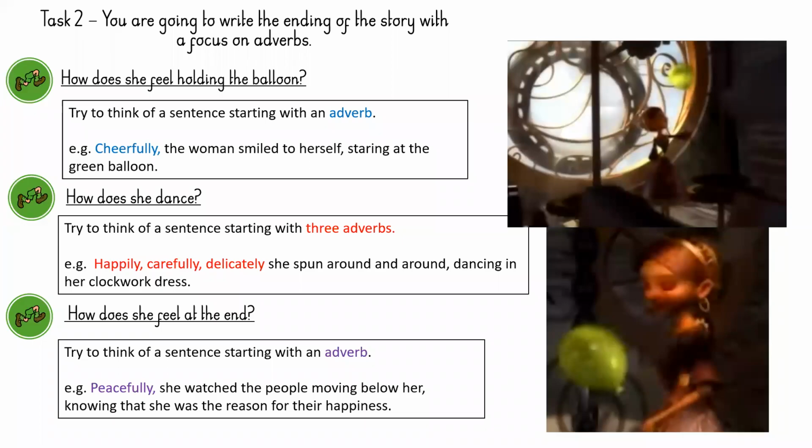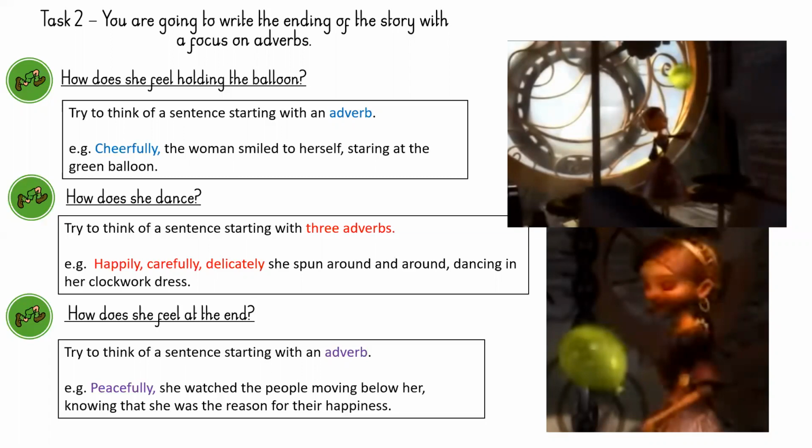Okay, so this is our final paragraph of our clock tower work, and this is the ending of our story. For task 2, you are going to write the ending of the story with a focus on adverbs. We've had a little look at adverbs previously in our writing, but our ending is going to focus on adverbs, and you will see that each of my sentences starts with an adverb of manner.